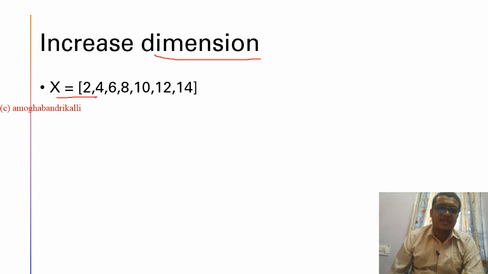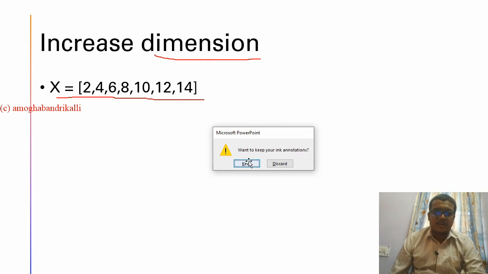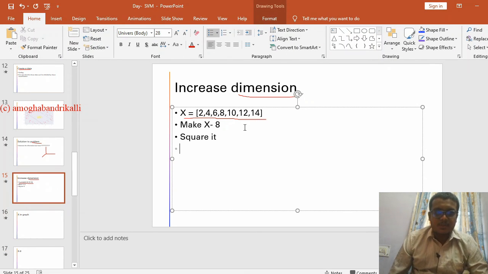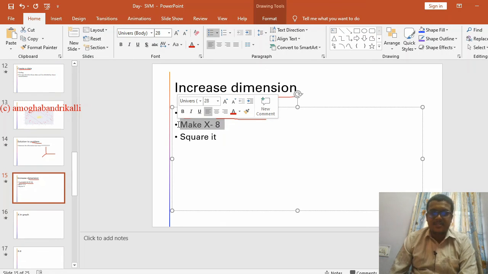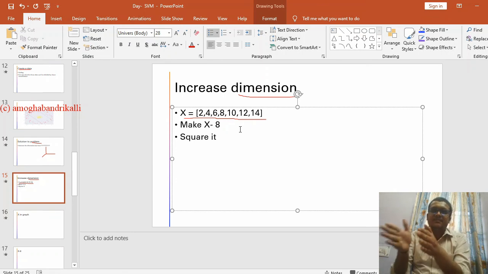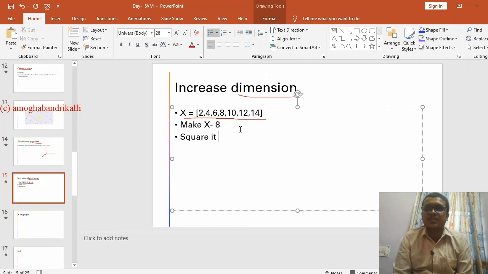So considering these are all the points, let me have a graph here to show you. So these are all the points. The step is to make x minus 8. In signals and systems, you will have seen shifting a data. If it is minus, you are going to shift towards the right side.